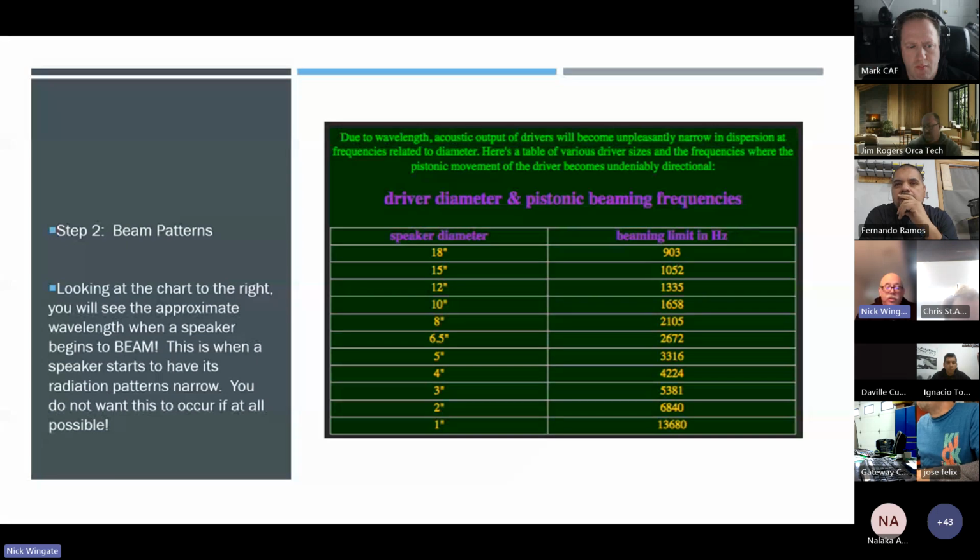This is one of the reasons I want to talk about this, because if you have ever heard a two-way in a Ford truck where the tweeter's in the top of the dash firing straight up, and a 6.5 with a 6x9 on the door is firing, and they don't sound very good. And we've all heard that as many times as I've installed them, and a lot of you have installed them and listened.